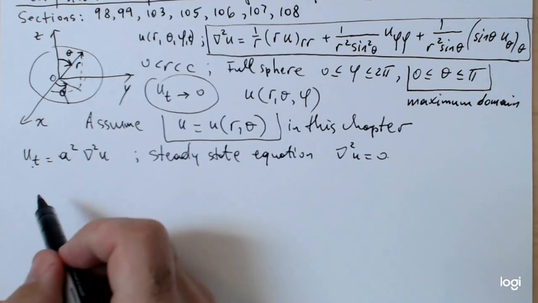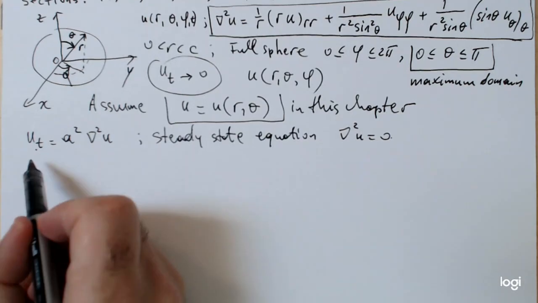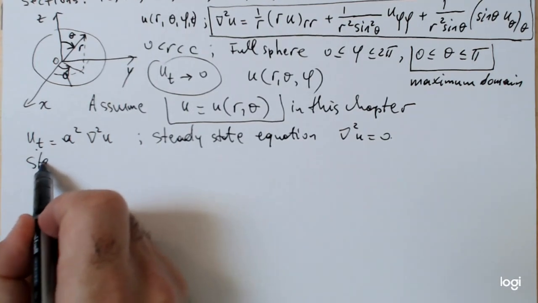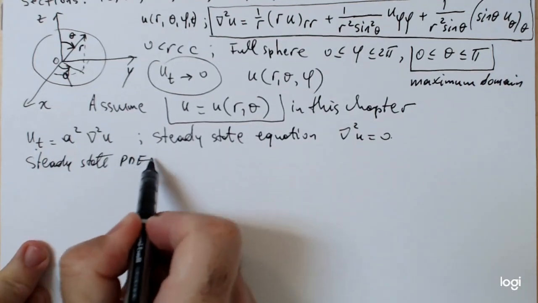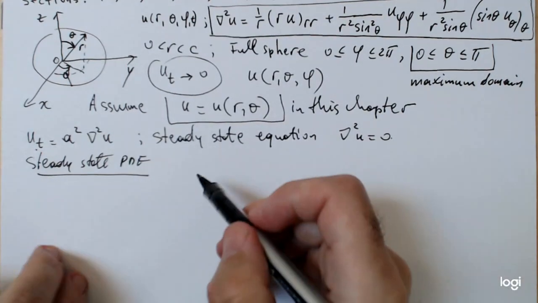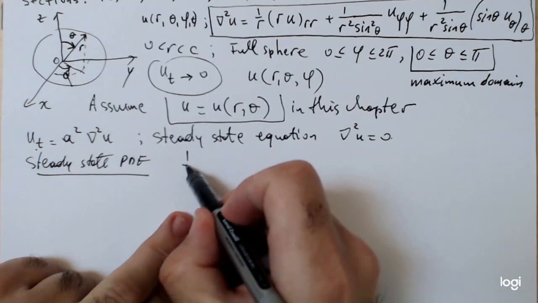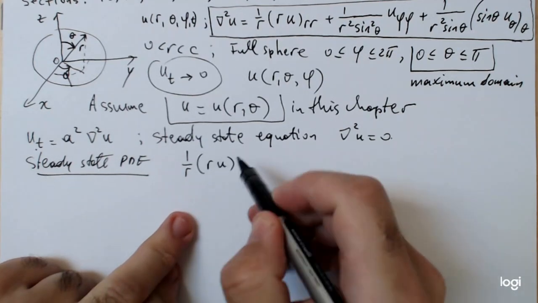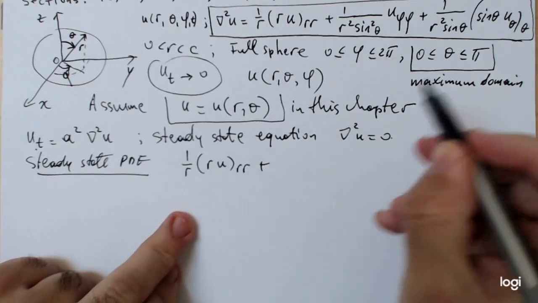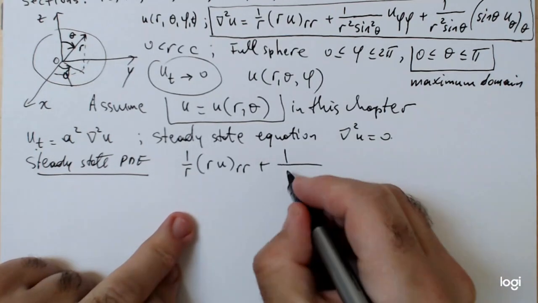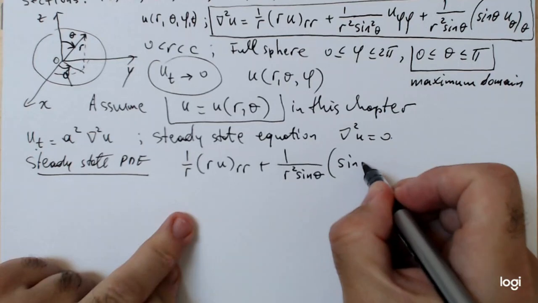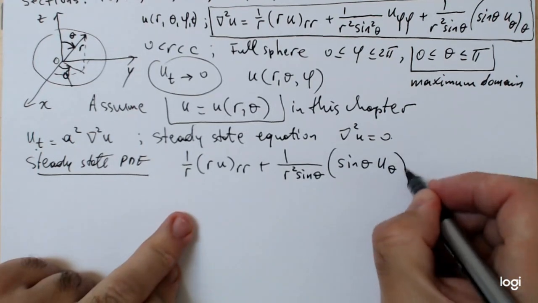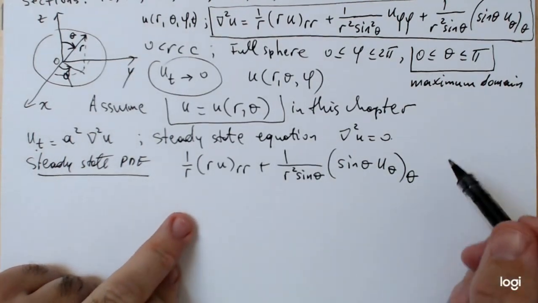And so therefore the steady state PDE under this hypothesis is given by 1 over r times (r u) partial r twice, plus the last term, 1 over r squared sine theta, times the quantity sine theta u partial theta, and together partial theta one more time.